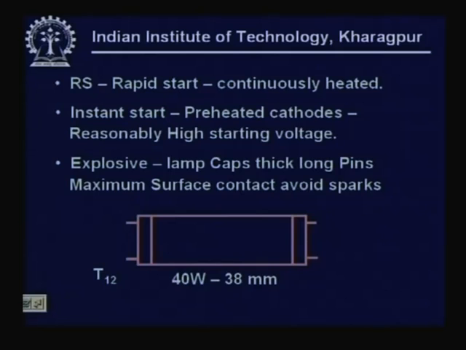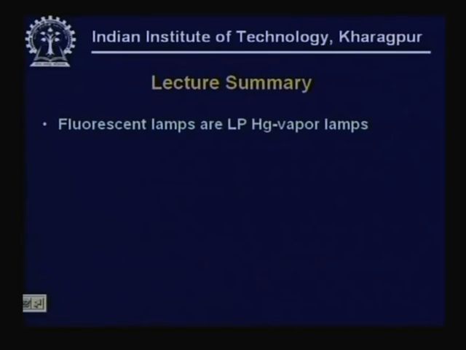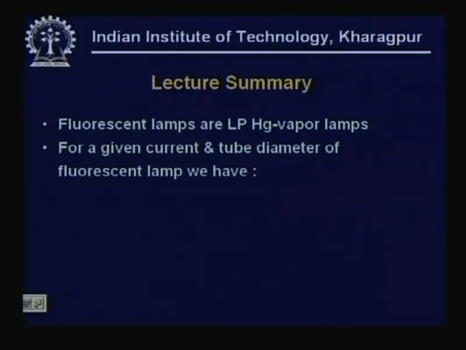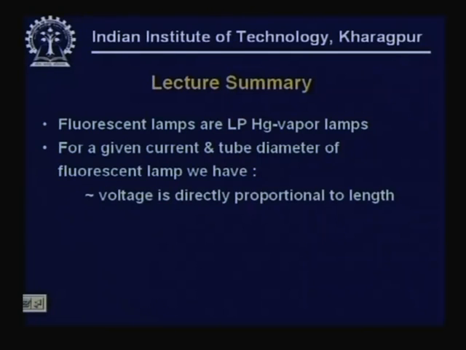So, in effect what we have seen today is that low pressure mercury vapor lamps, which are used as fluorescent lamps, are specified in terms of what we call T sub n. N gives us the diameter, n times 1 by 8 of an inch, like T8 is a 1-inch diameter. For a given current and tube diameter, in a fluorescent lamp the voltage is proportional to the length, obviously.